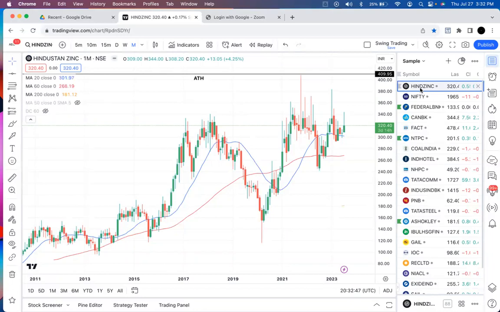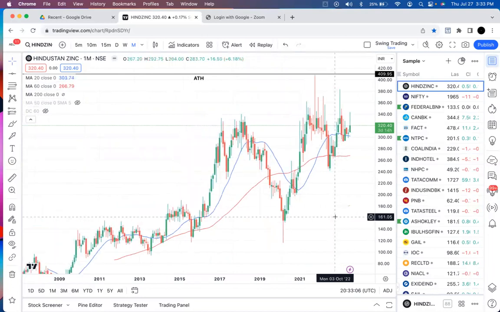So what I'm looking for is the 20 period moving average on the top, then I want the 60 below that, and then the 200 period moving average below that.